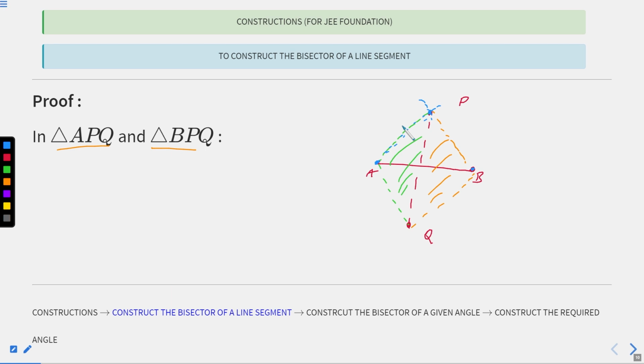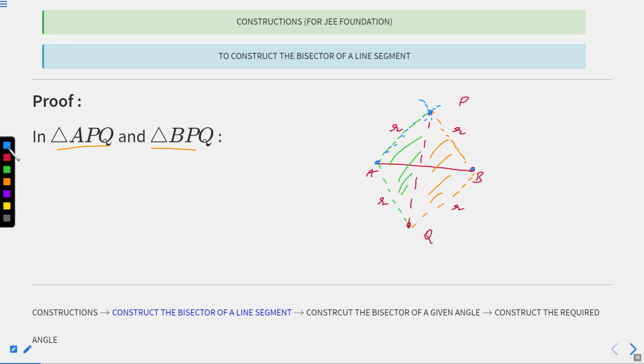So by construction, if this is R, then this is also R, because the compass has changed its center but not the length. So both are R. So AP is equal to BP and AQ is equal to BQ also. I hope this is clear.